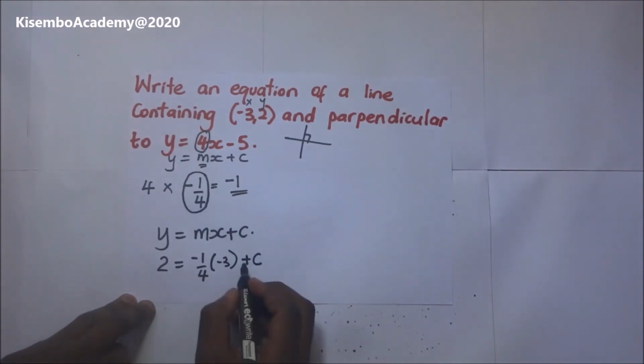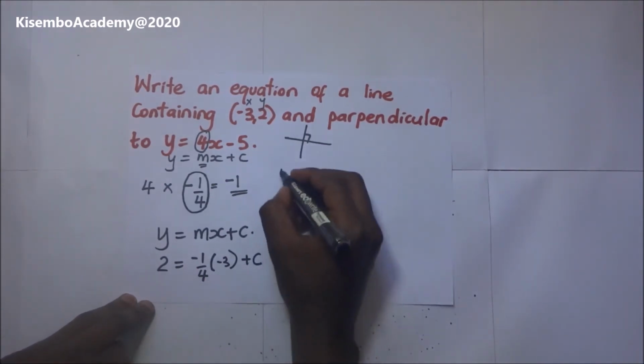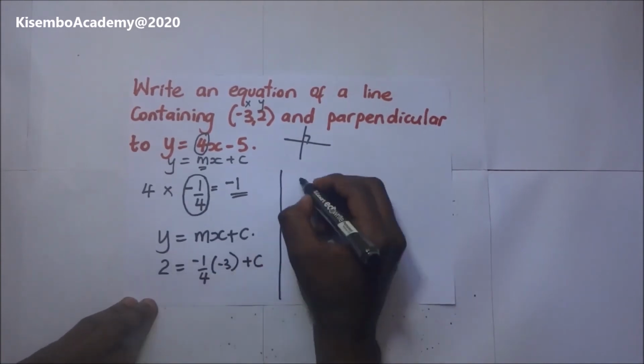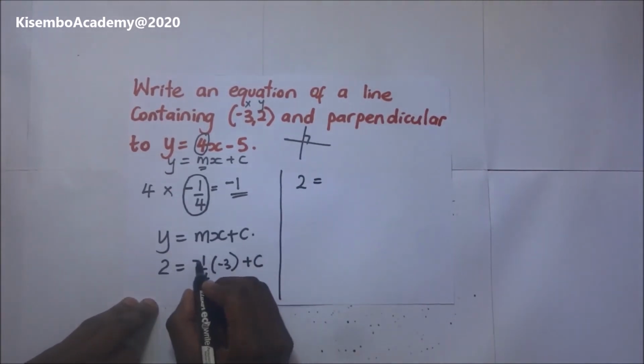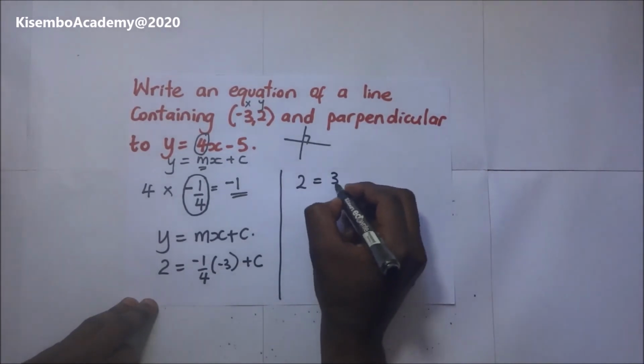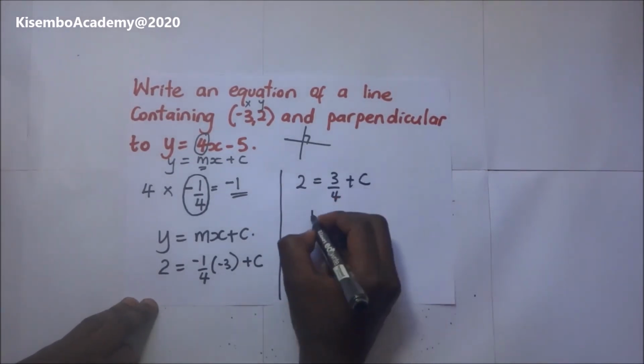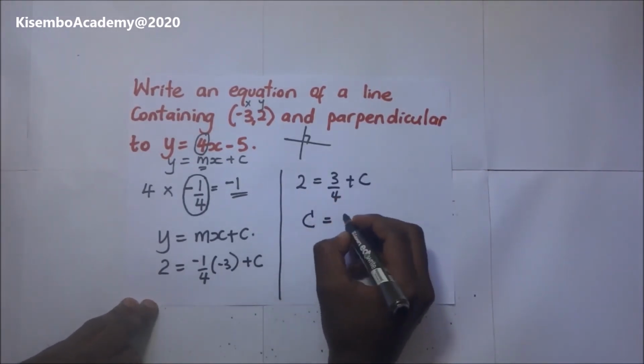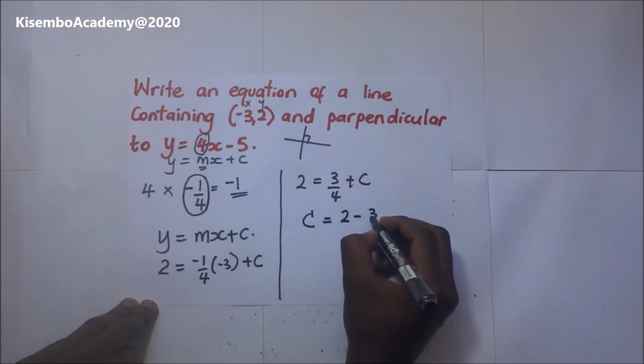So 2 becomes negative 1 over 4 times negative 3, which is positive 3 over 4, plus c. Our value of c in that case is going to become 2 minus 3 quarters.